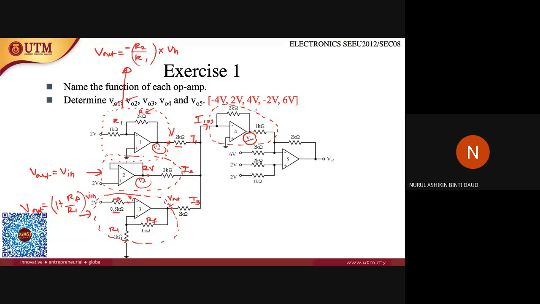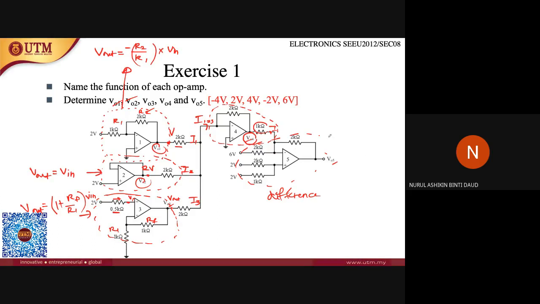Once you identify the configuration, use the formula, and you can get the value at this point. Then you need to know the current here because there is a resistance here. Once you get the current flowing here, you can proceed with this one, which is the difference configuration, and you will get the value of VO5 here.